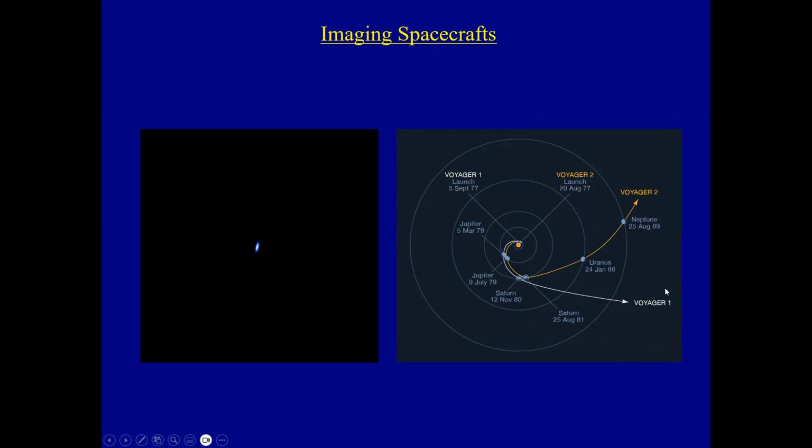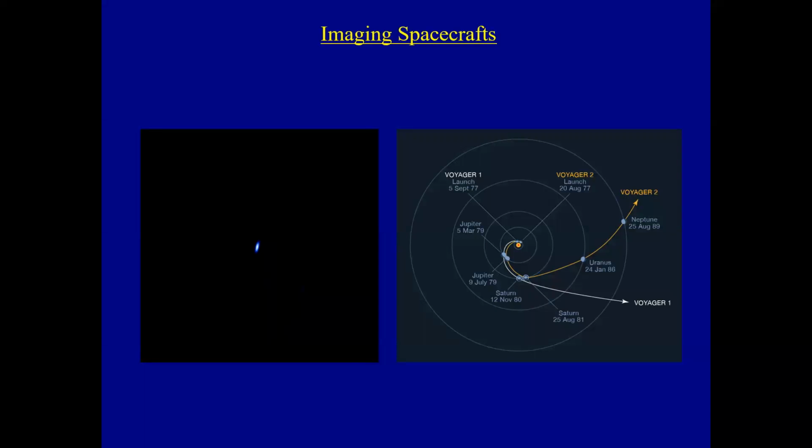So this is the image of the Voyager spacecraft taken from a space telescope. If you know about the Voyager program, those are two spacecraft, I think you may have heard of them.